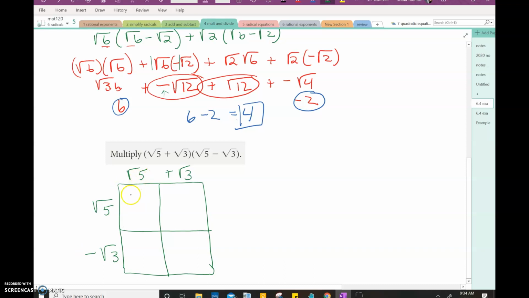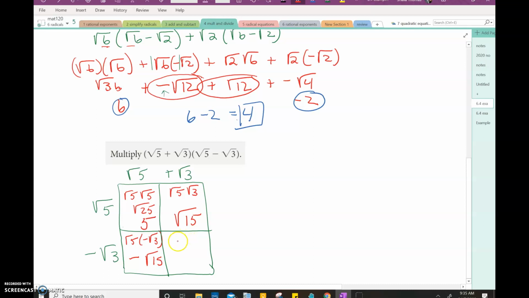So I multiply for the first box, which would be radical 5 times radical 5, which gives me a radical 25, which is 5. Going to the right, a radical 5 times radical 3, which gives me a radical 15. Going down, a radical 5 times a negative radical 3, which gives me a negative radical 15.